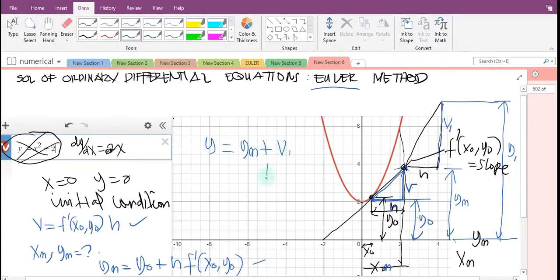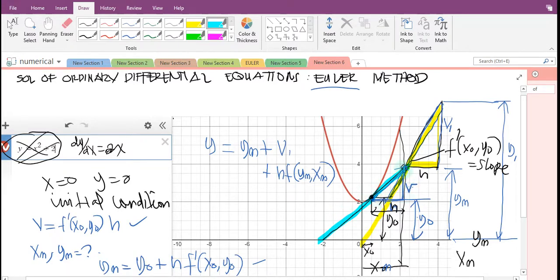Okay, and what is b1? This is equal to h times the first derivative, because we drew a new slope here, so we will now use yn and xn, the previous values. This is a new triangle because this is our new slope. Our earlier slope was this.